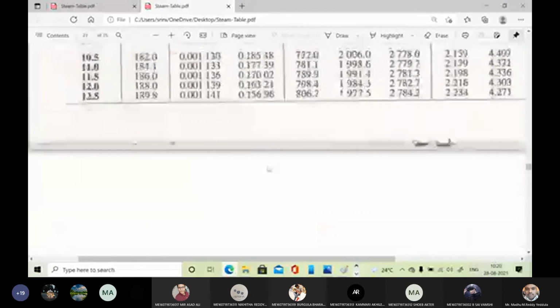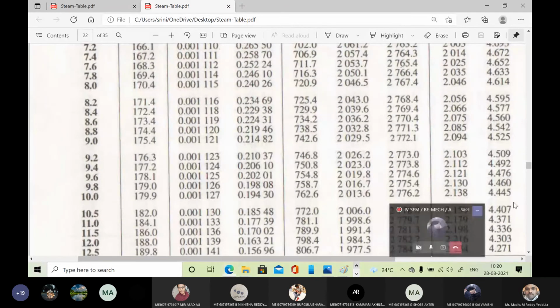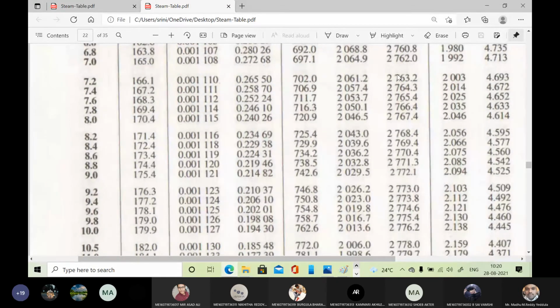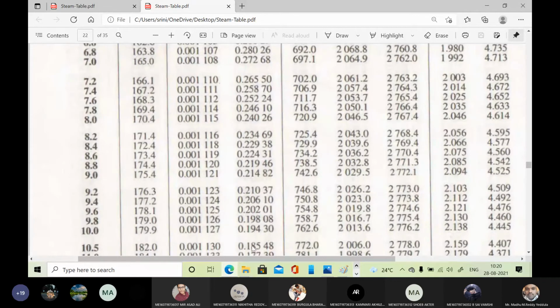Someone is having a steam table. Open it, 10.5 bar pressure. You can see at the bottom, where is V? First column, second column, VF and VG. VG value at 10.5 bar is 0.185. Agree?